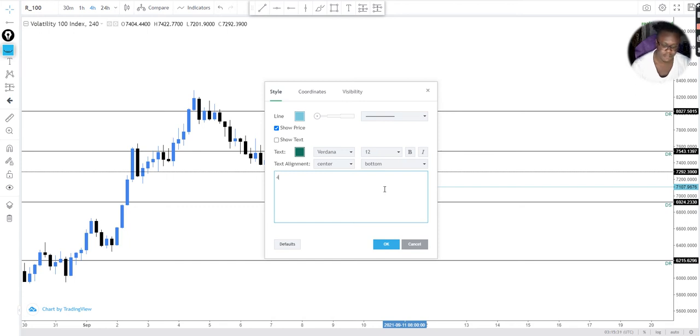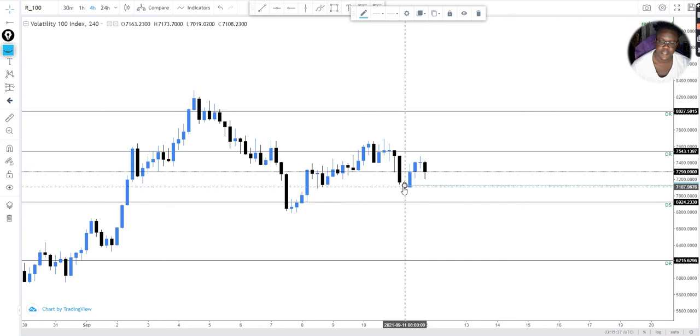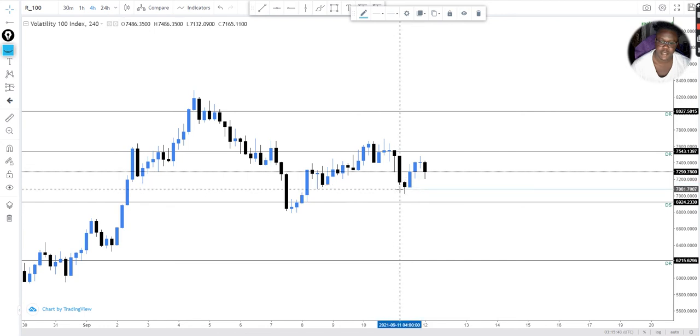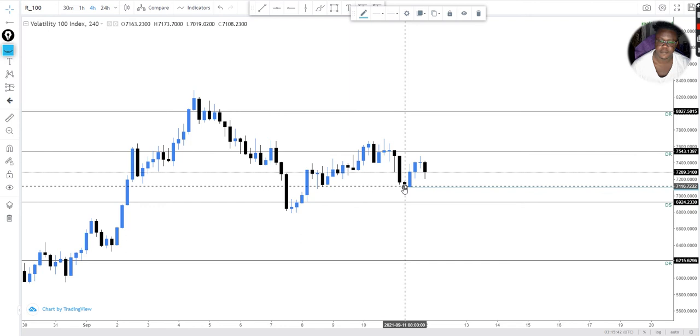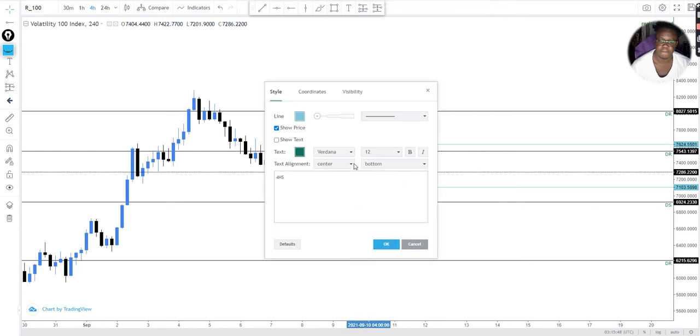So you have your 4 hour support, which is right here. Alright, so this is a 4 hour support area. I'm gonna clone this, and this is our 4 hour resistance.